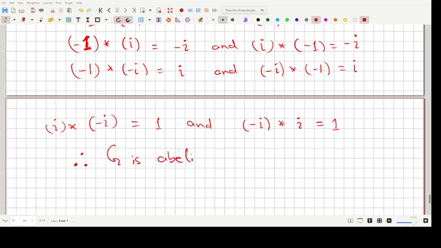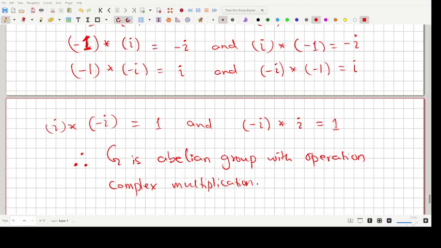So G is an abelian group, and the operation is star. The operation is basically complex multiplication. So we have proved that G is a group, and further we have proved that it is an abelian group. So here, my friends, this is the end of the proof. Thank you so much for watching such a long video.